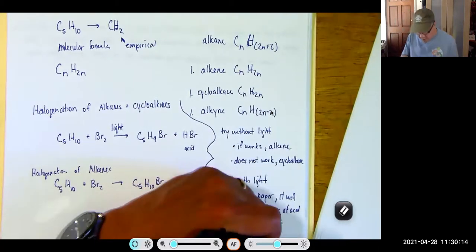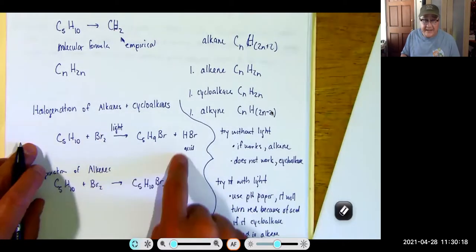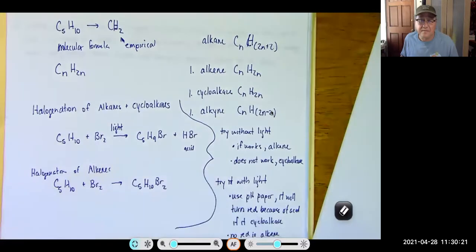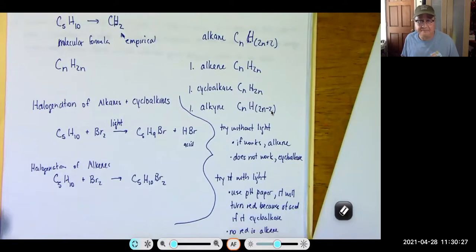Notice one of the products of the reaction for alkanes and cycloalkanes is an acid. So there's two ways to tell what type of reaction you have there. The better one is light, no light.